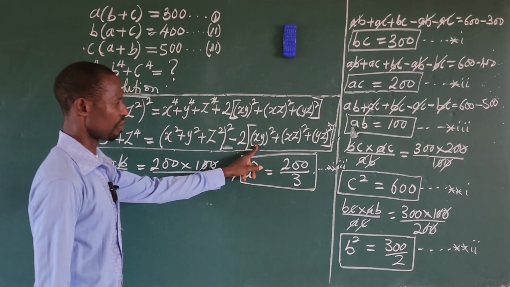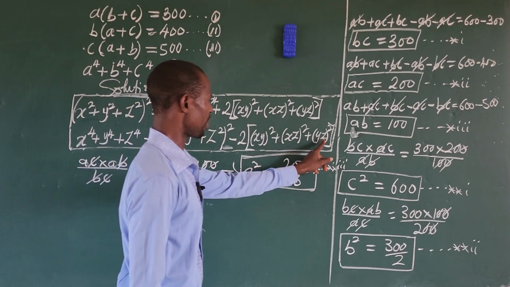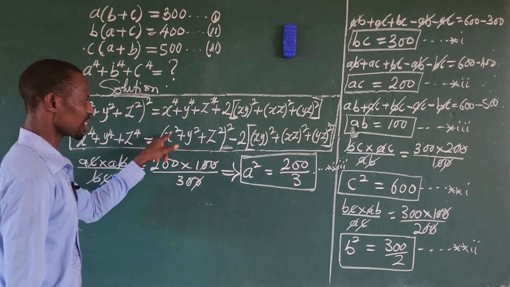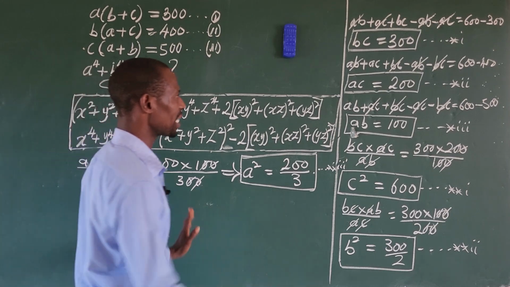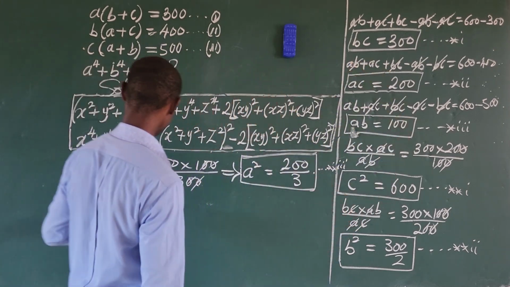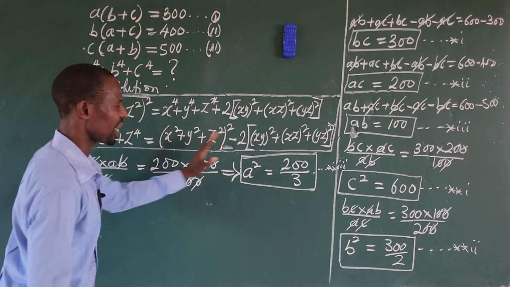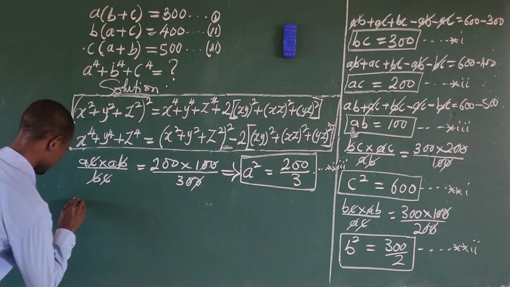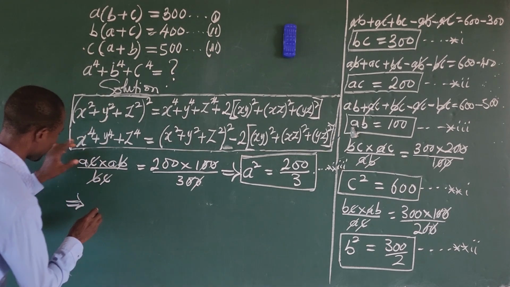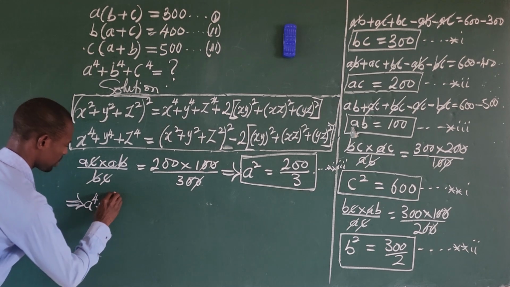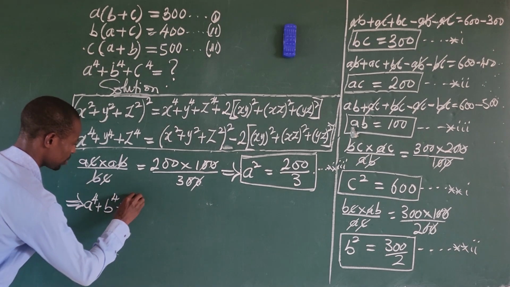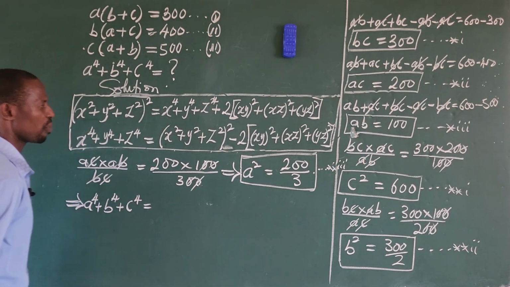We have this square already, this square already, this square already. So let's go and input all these values into this expression we have here. So we can now say this implies that A to the power of 4 plus B to the power of 4 plus C to the power of 4 will now be equal to what?